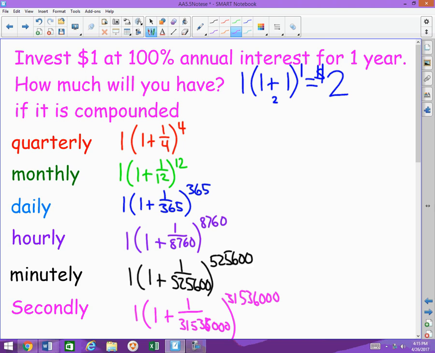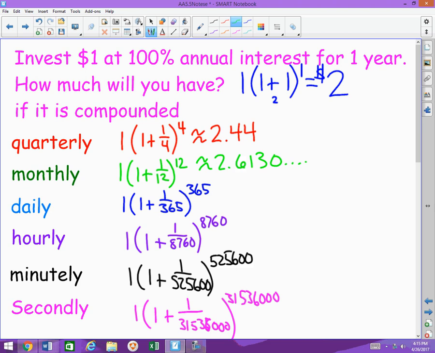So if you do these, well, here the first one, 1 plus 1 over 4 to the 4th power times 1, you are going to get a value of approximately 2.44. The second one, to the 12th or monthly, you will get a value of 2.6130 and stuff after it.